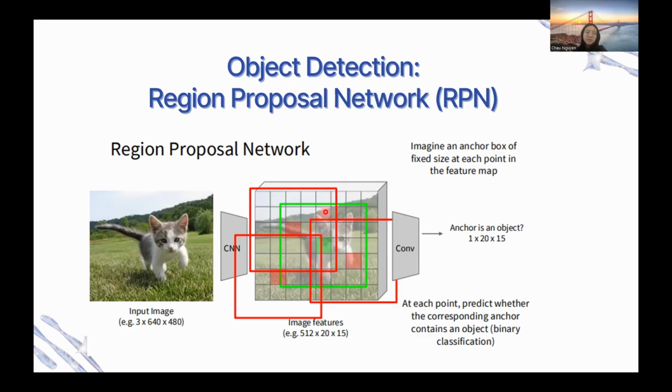Imagine we have an anchor box of fixed size at each point in the feature maps. At each of these points, we predict whether the box containing this anchor point has an object or not.